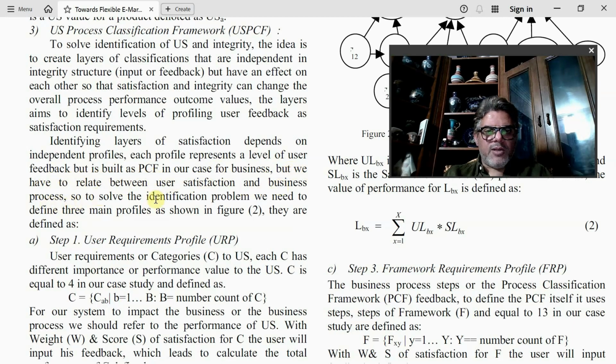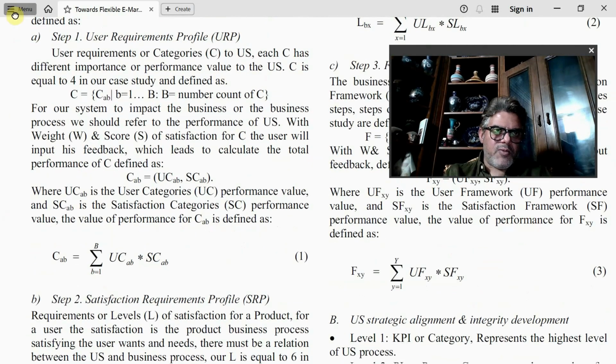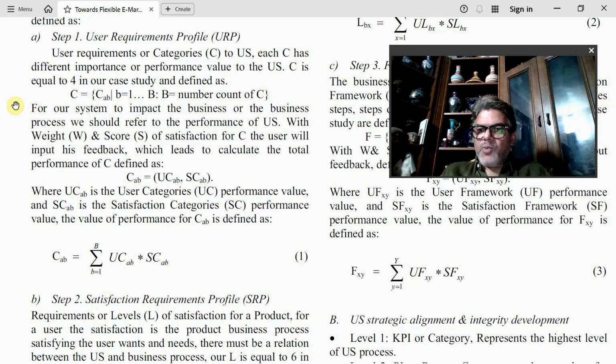So to solve the identification problem, we need to define three main profiles for the participants. And when you define the three main profiles, you will get a feedback / response on these three profiles.